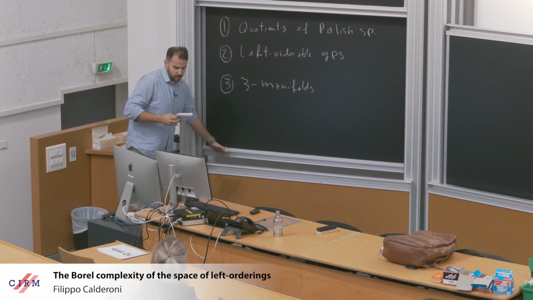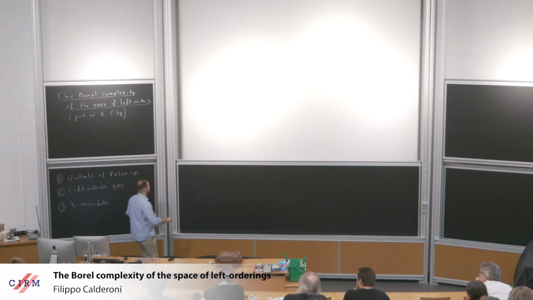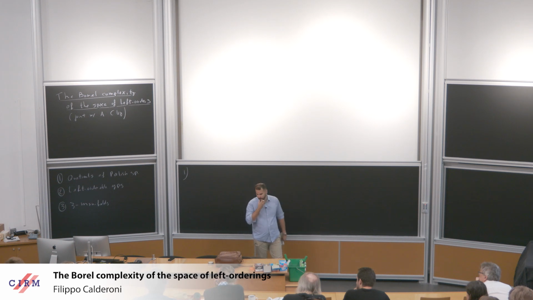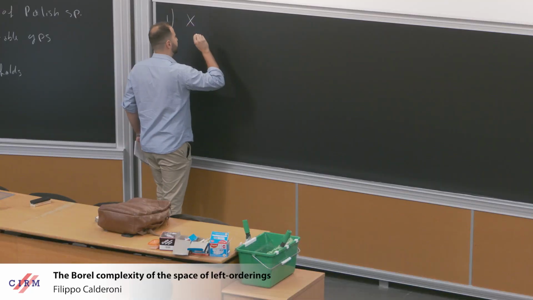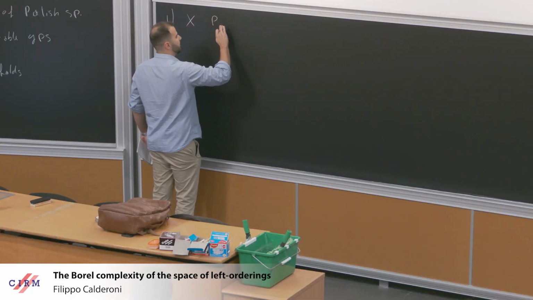Okay, so let me start with the first part. I will mainly set up the context for this talk. We're interested in Polish spaces, so let X be a Polish space.